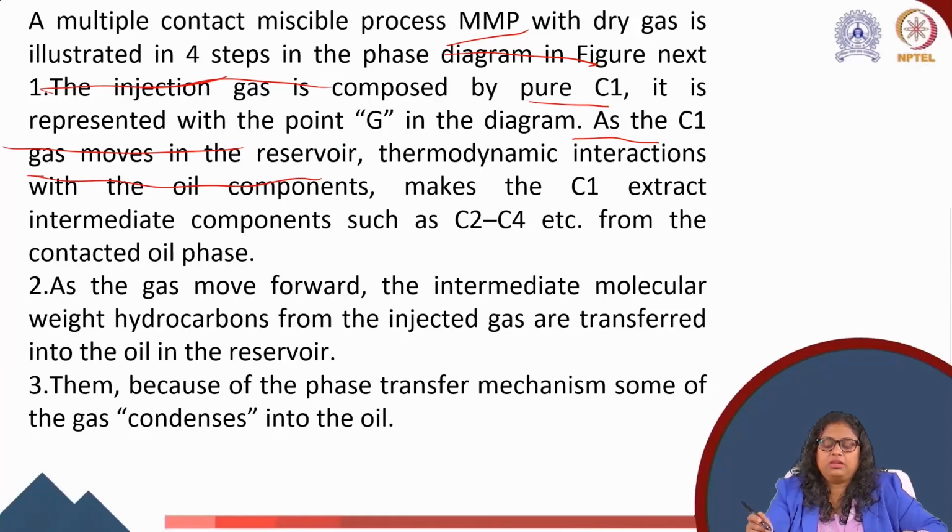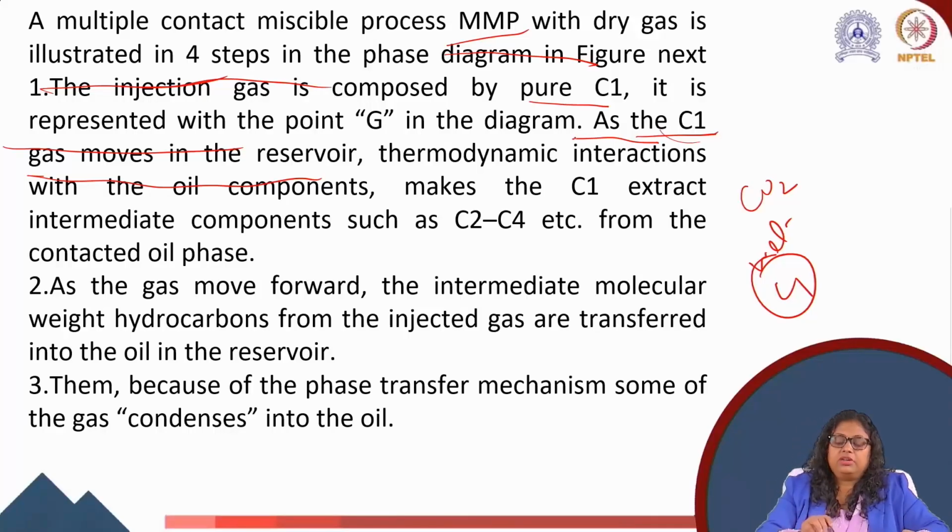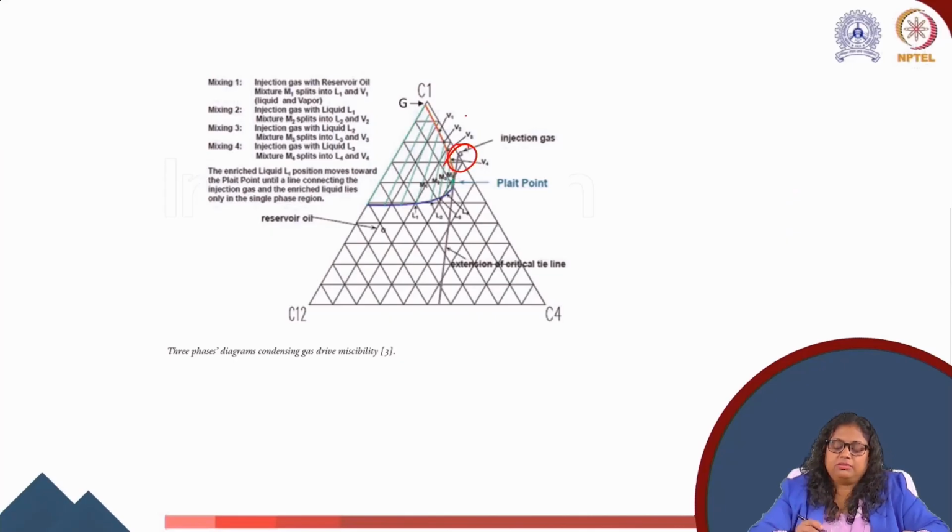Here the injection gas is C1, that means we are injecting the lighter gas. In gas flooding, different types of gases can be injected: CO2, wet gas, or C1. Here we take the injection gas as C1, represented by the point G.